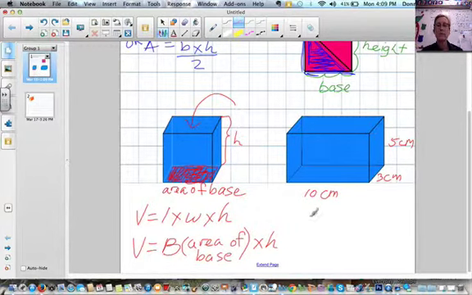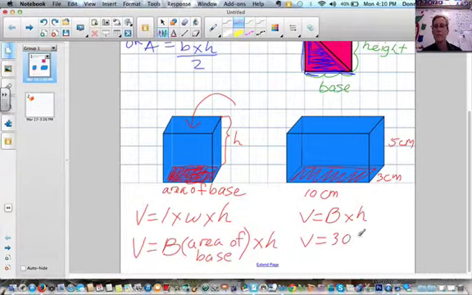So using our formula, volume equals big B, which means area of the base times height. Let's go ahead and plug that in. So volume equals, and if I want to figure out the area of the base, that's the face that it's sitting on, it's going to be 10 times 3, which is 30. So we'll plug in 30, and then the height is 5.